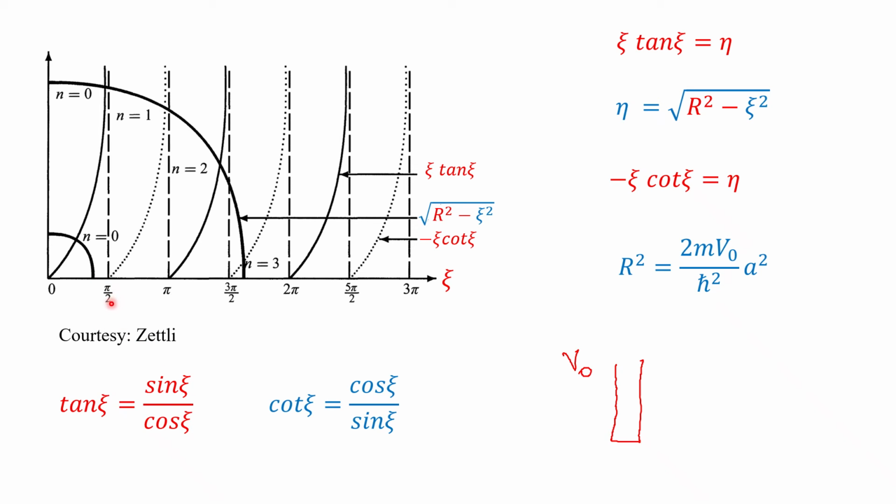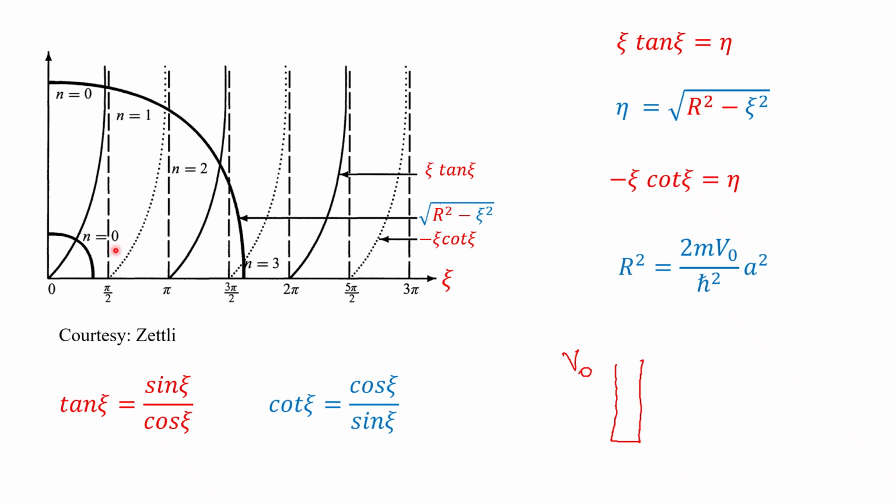Cos pi by 2 is 0, so this will go to infinity. It will start from sine 0, which is 0, and suddenly increase exponentially. It increases to infinity when z tends to pi by 2. This x-axis is z and on the y-axis we have some values.